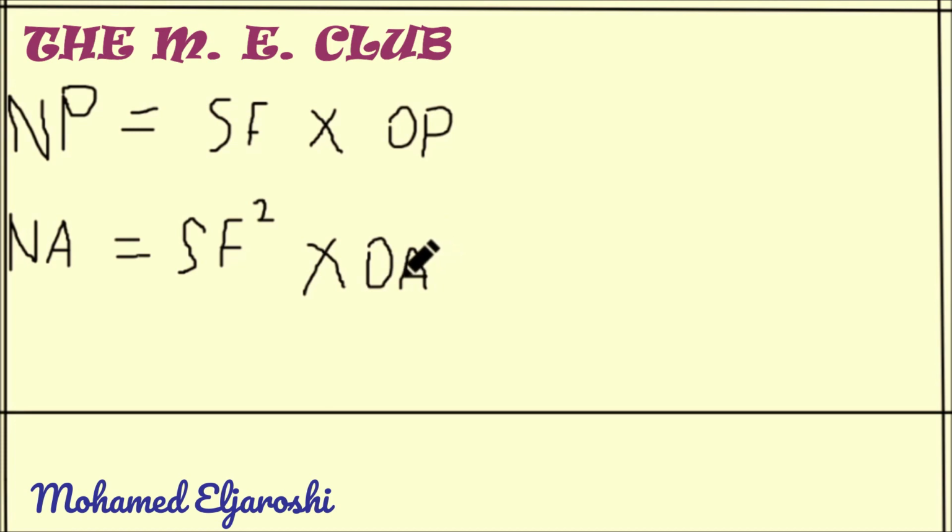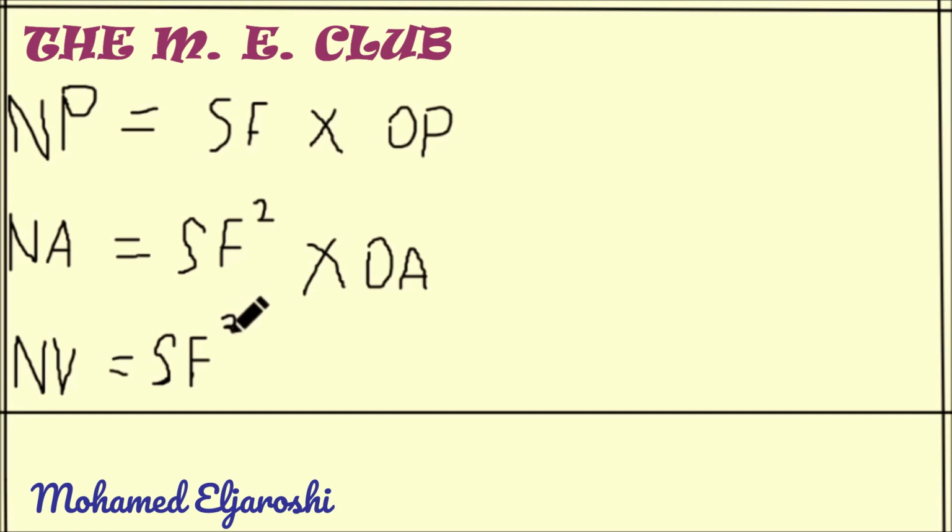What about the volume? If we're looking for the new volume, what do we do first? What do we do with the scale factor? Because the volume is cubed, yes, we put the cube, or multiply the scale factor by itself 3 times.